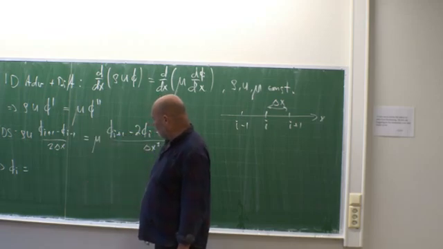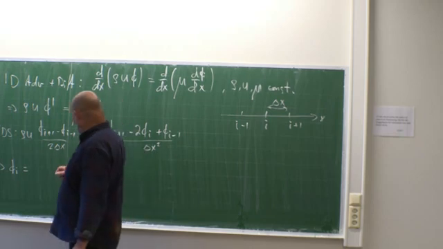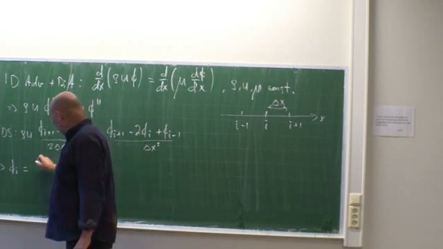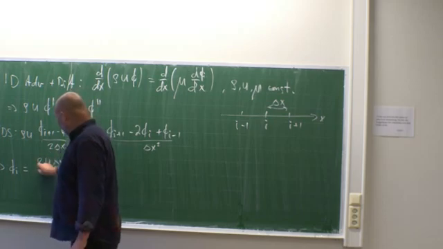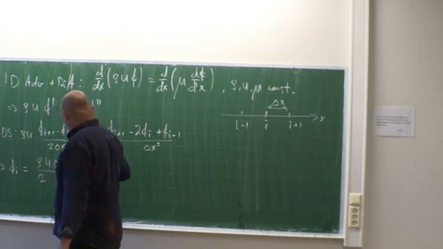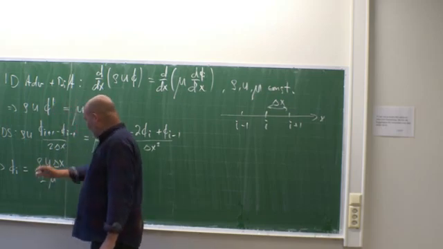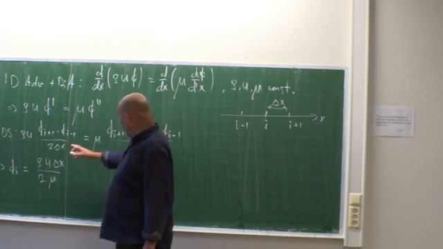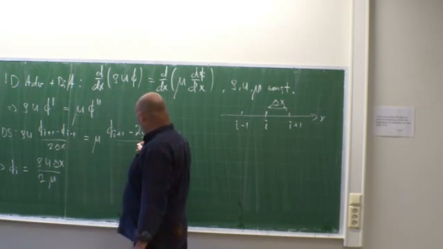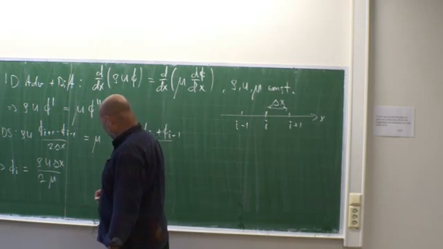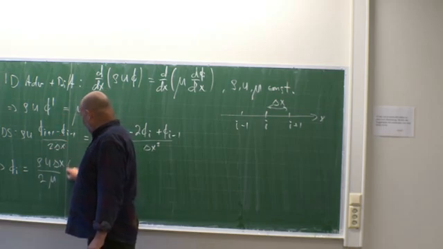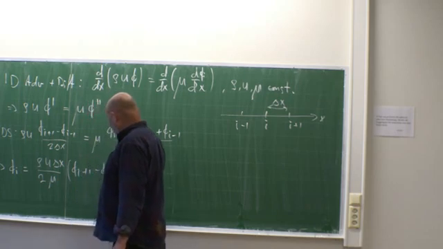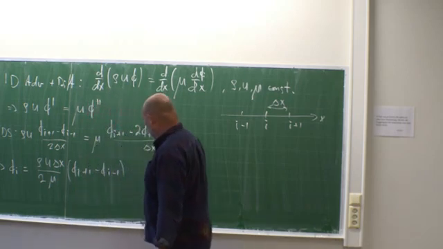This one goes down. So we will have something like rho u delta x divided by 2 times the viscosity. And then this one is negative, we take that afterwards. And then we have the difference here, phi I plus 1 minus phi I minus 1.